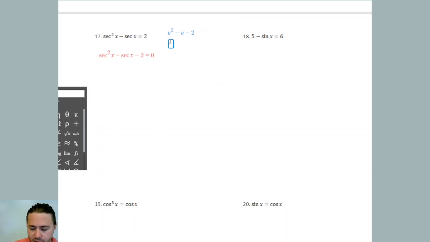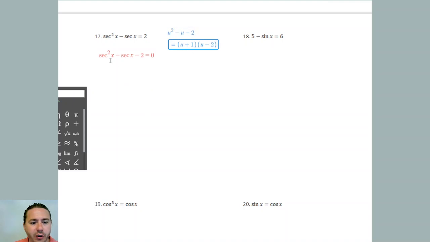And you would factor it as u. We're looking for 2 numbers that multiply to give me -2 and add up to -1. So that would be positive 1 and -2. So that's how we're going to factor this.